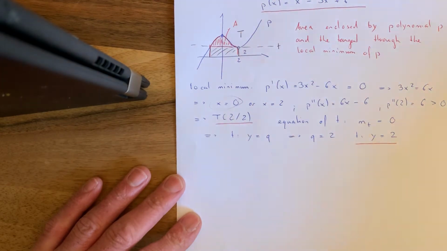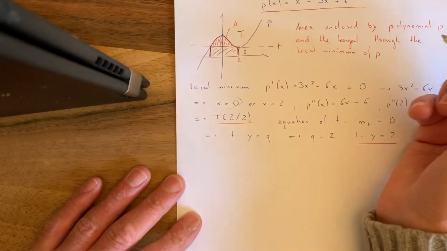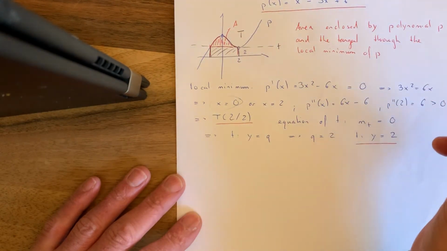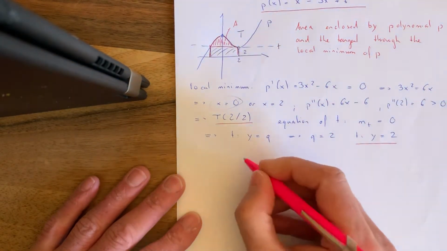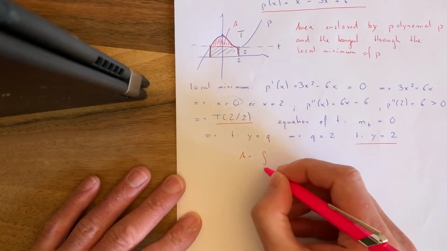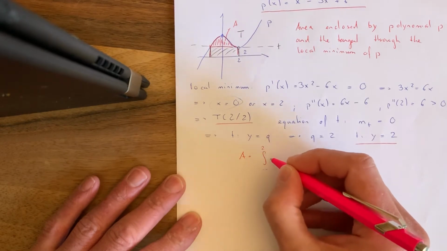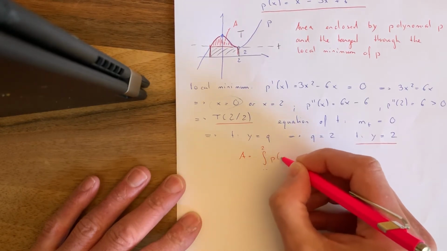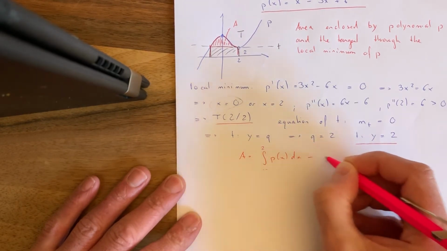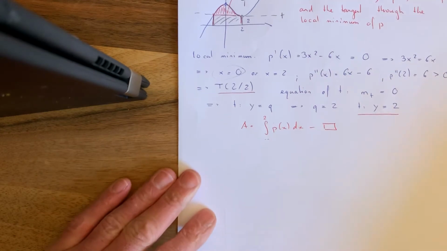In addition, here we have just a rectangle, and we can calculate the size of that rectangle. So the area A is going to be given by the integral from a point we do not yet know up to 2 of p of x dx minus the area of the rectangle. Okay, so this is what we are going to do.